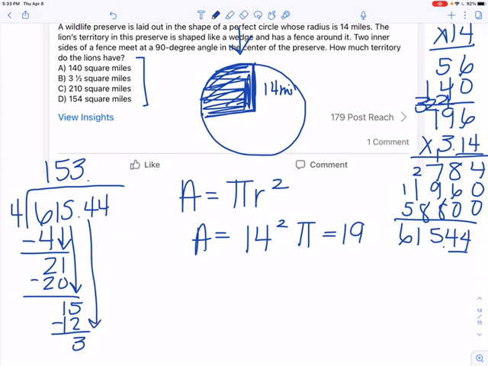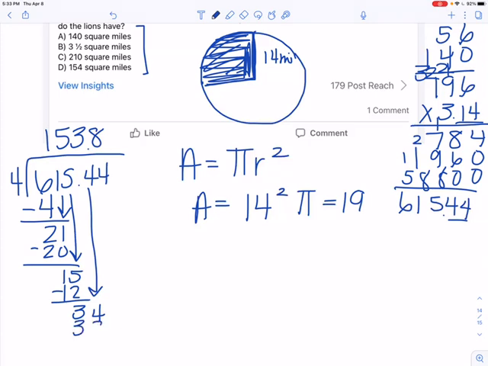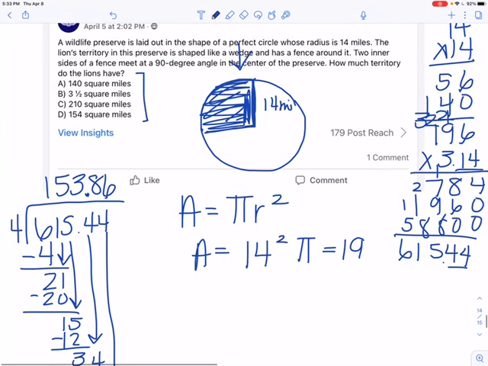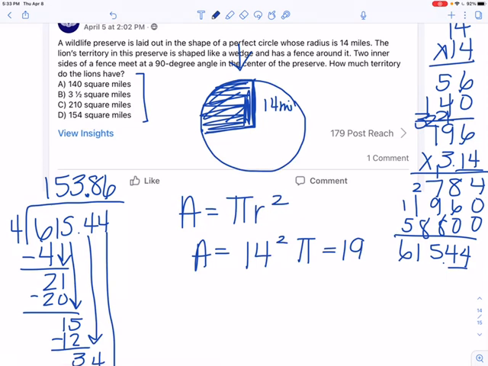Decimal. Into 34, we get 4 times 8 is 32. And into 24, 6. So 153.86. Now that we have our answer, we can see that this actually rounds to 154 square miles. So we had to round a little bit, but we basically got it, okay?